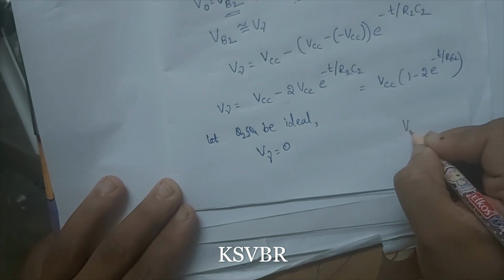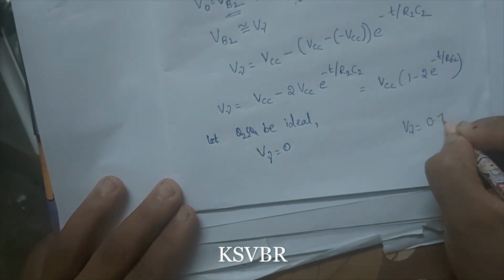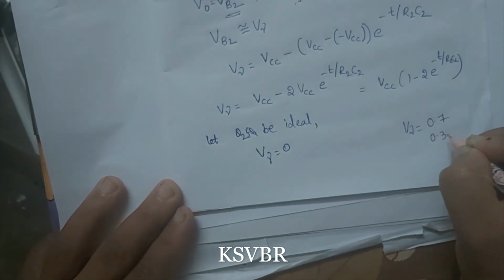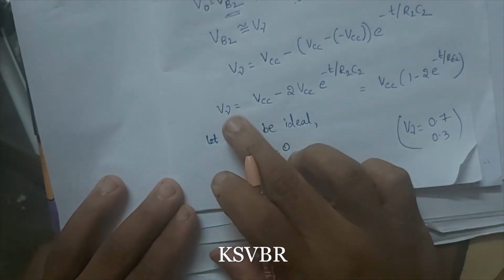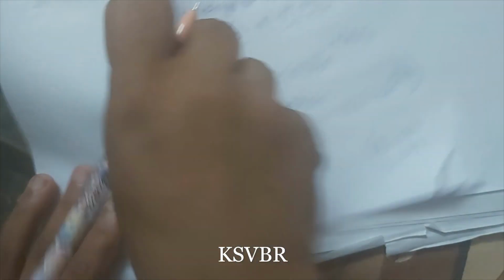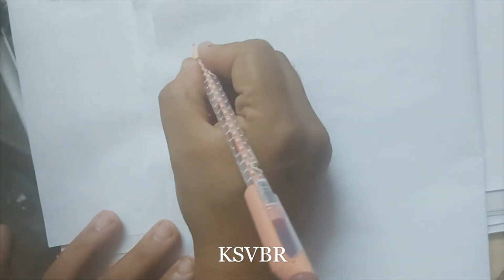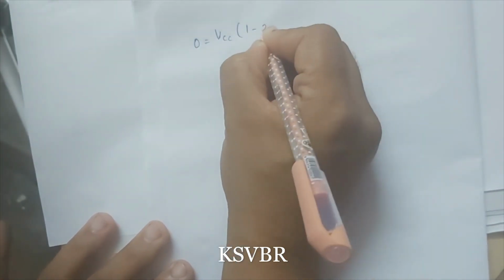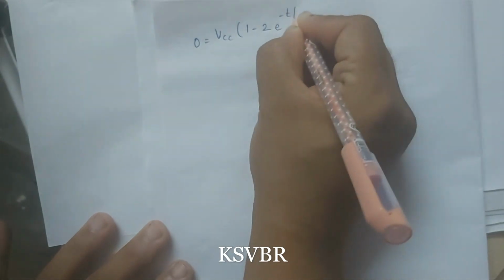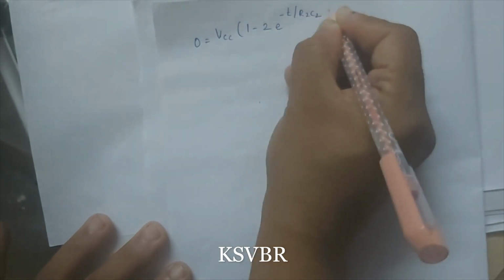In the practical case, V gamma is equal to 0.7 or 0.3 depending upon silicon and germanium. So substitute V gamma equal to 0 here: 0 is equal to VCC into (1 minus 2 e power minus t by R2 C2).